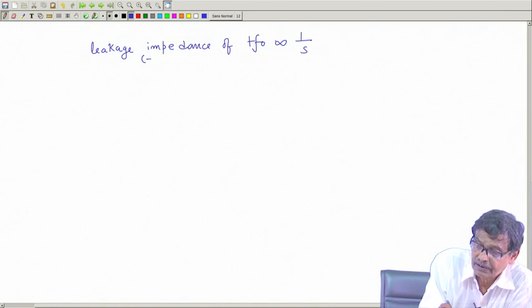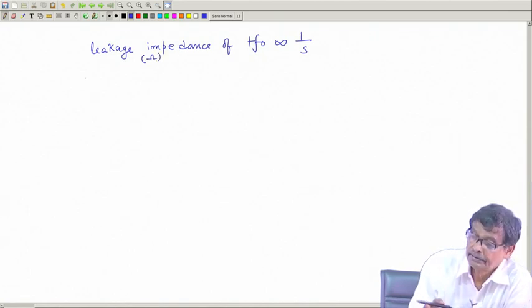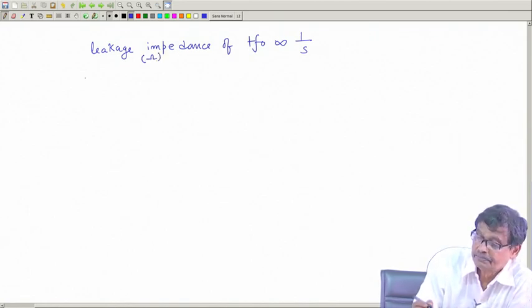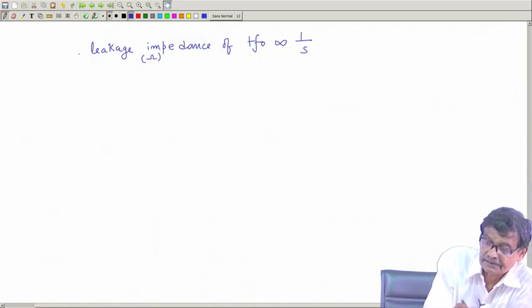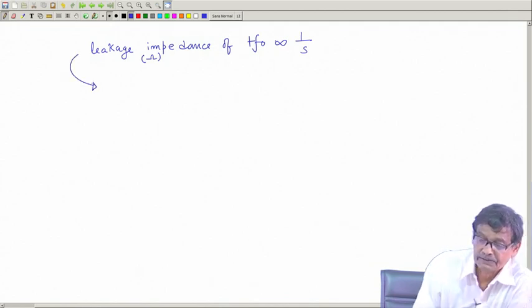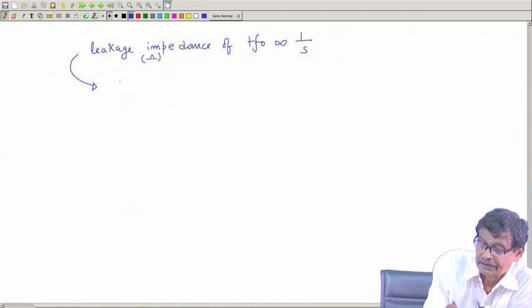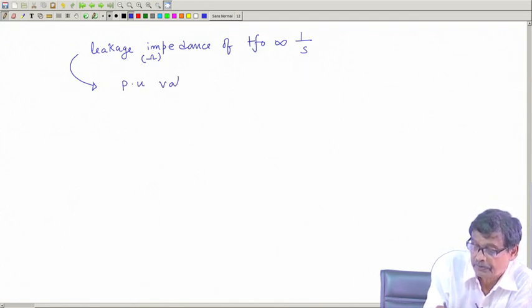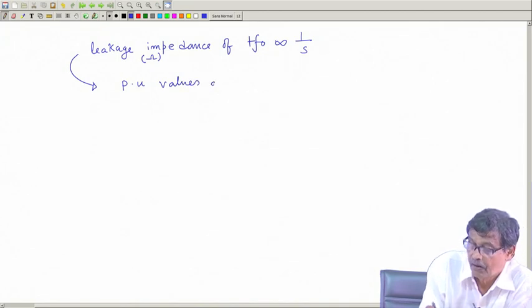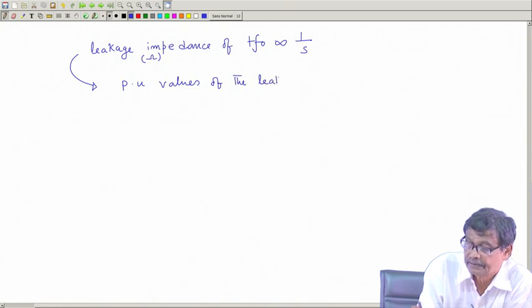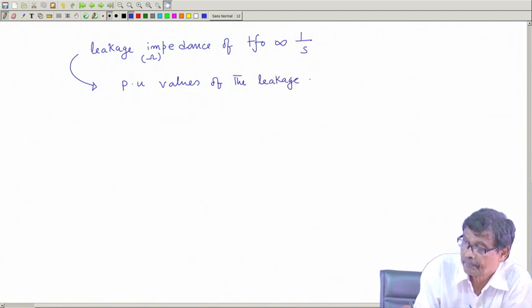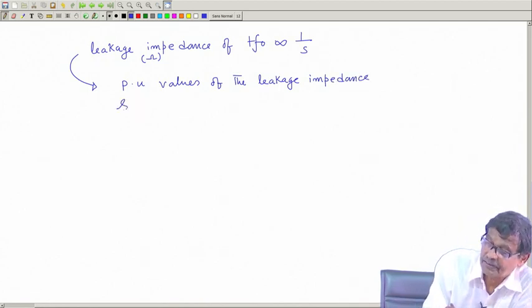Leakage impedance in ohms. The same statement is told in this way, that per unit values of the leakage impedance should be the same.